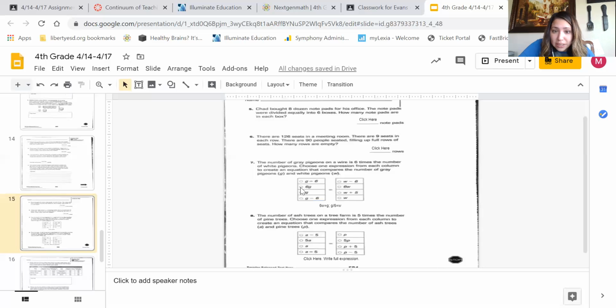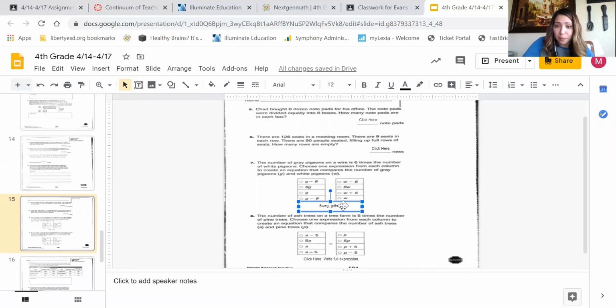Notice I took 6, where is it? G, right? So I took my G from here and my 6W from here. So I selected one expression from each of the sides to write my full expression here. That's what it's asking for there.